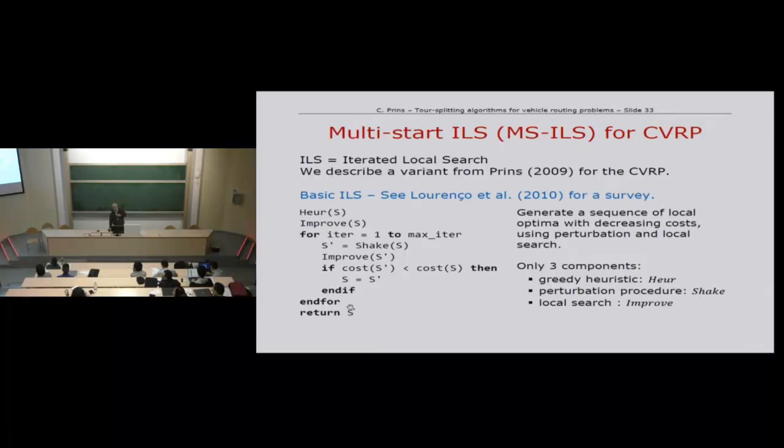Otherwise there is no update: you stay on S, and you take S again, and you do a perturbation, local search, and so on. Even the first solution is a local optimum, since you run the heuristic and then the local search. So this method generates a sequence of local optima with decreasing costs using only perturbation and local search.